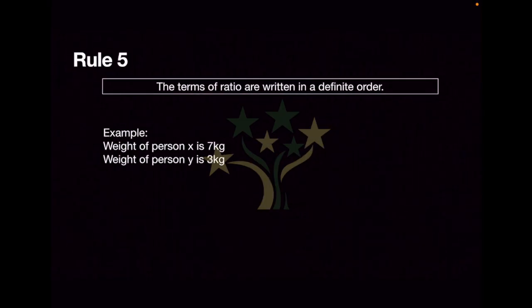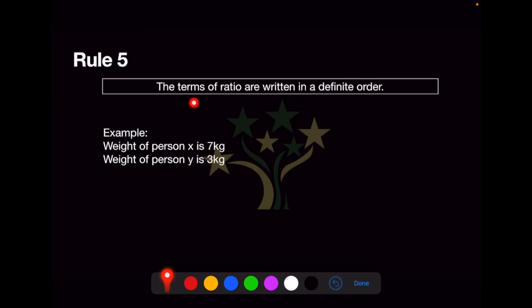Coming to the last rule, rule number 5, the terms of the ratios are written in a definite order. Now let's understand this using an example. We have weight of person X as 7 kilos and weight of person Y as 3 kilos. If I ask you to find what is X is to Y, you can say X is to Y is 7:3. Now if I ask you to find Y is to X, Y is to X is 3:7.